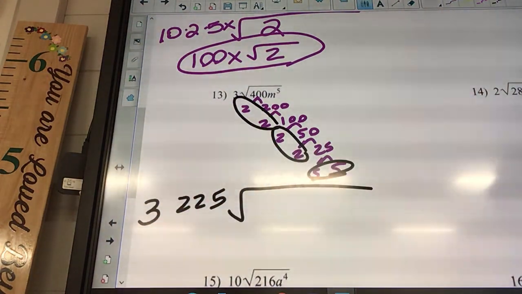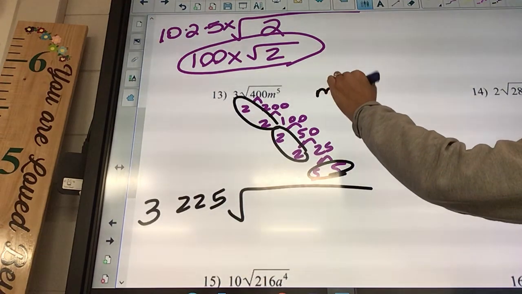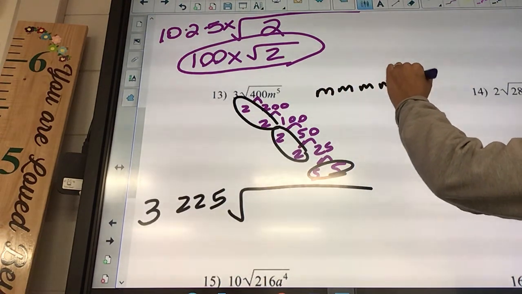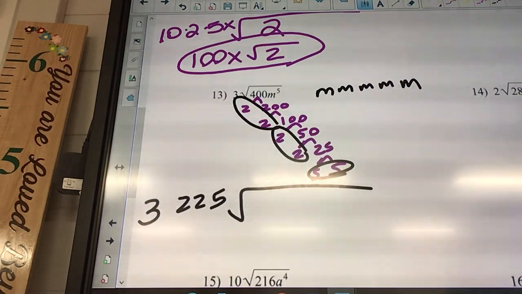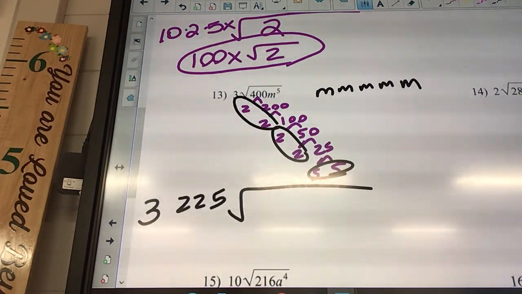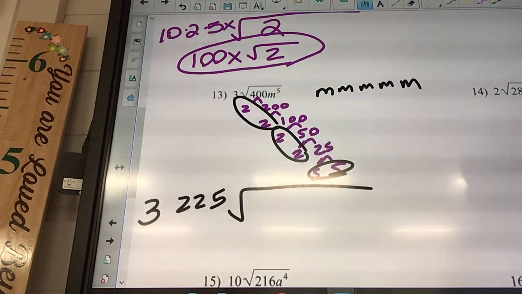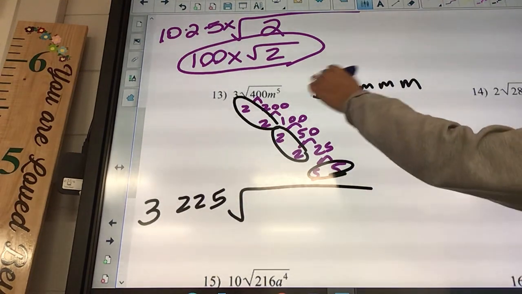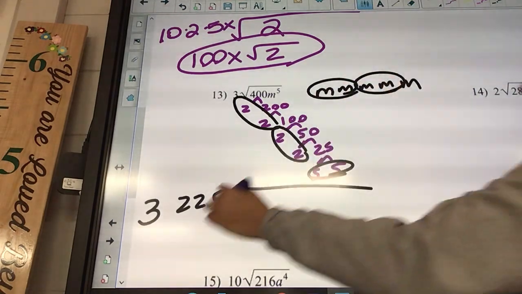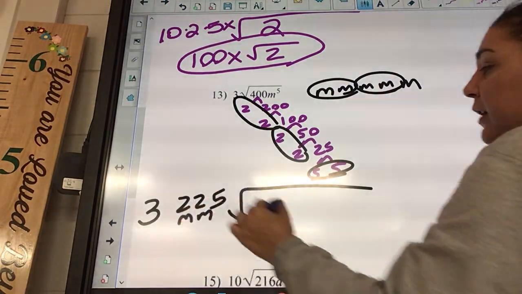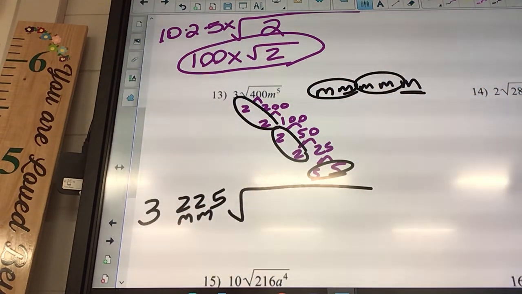How many m's do I have? 5. So 1, 2, 3, 4, 5. With those 5 m's, how many can go? 2 groups. So I got m and m on the outside. What about this guy? Can he go?